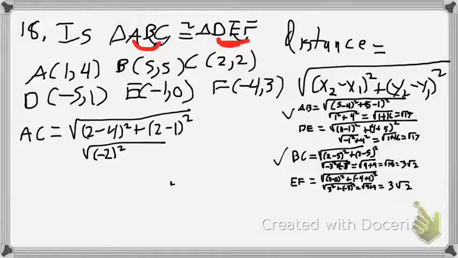So we set it up: 2 minus 4 squared plus 2 minus 1 squared is the square root of negative 2 squared plus 1 squared. That's going to give us 4 plus 1 equals the square root of 5. So we already have our two sides. If we can show that DF is the square root of 5 long, we're golden, and we've got congruency.